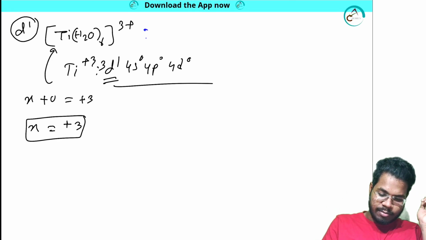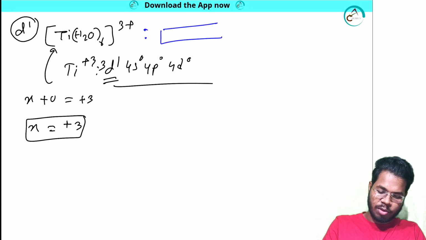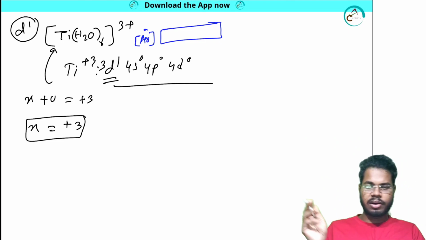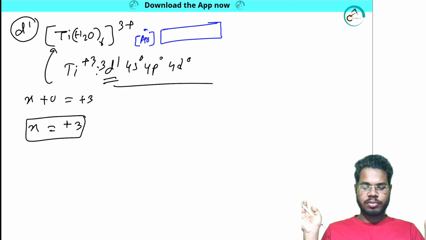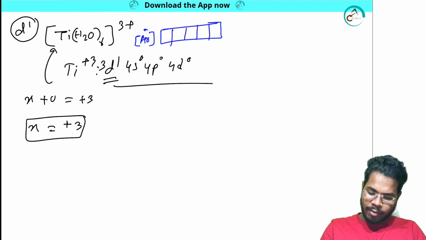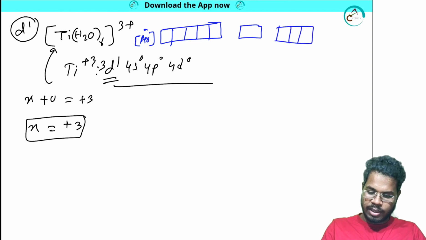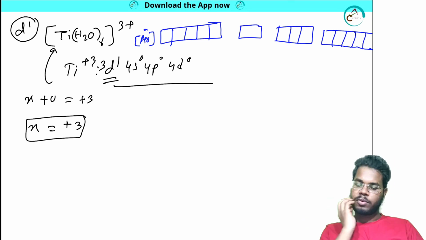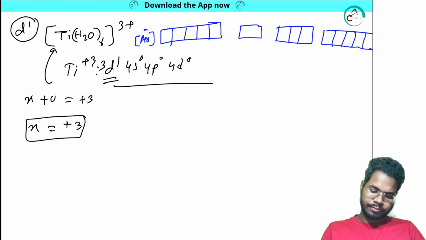So if I draw the system, starting from 3d, because before this there is a noble gas, argon, so we have nothing to do. Then the 4s orbital, the 4p orbitals, and finally we need the 4d orbitals. No problem, we have got this.